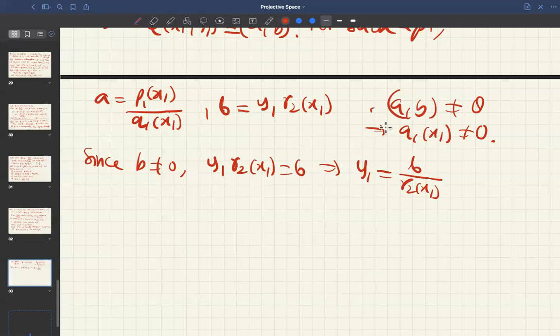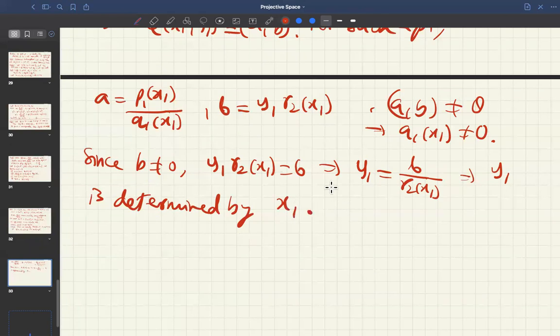So Q1 is not equal to 0, R2 is defined, and y1 is B by R2(x1). This implies that y1 is determined by x1.